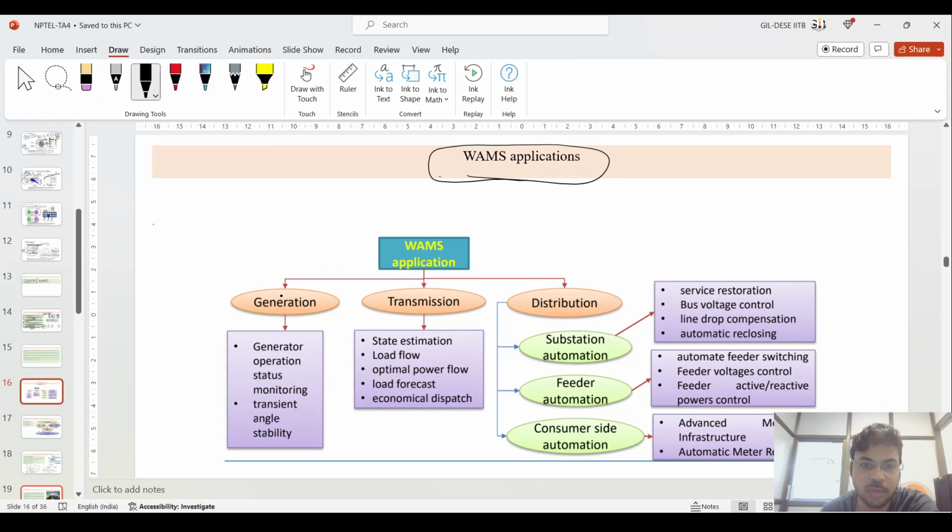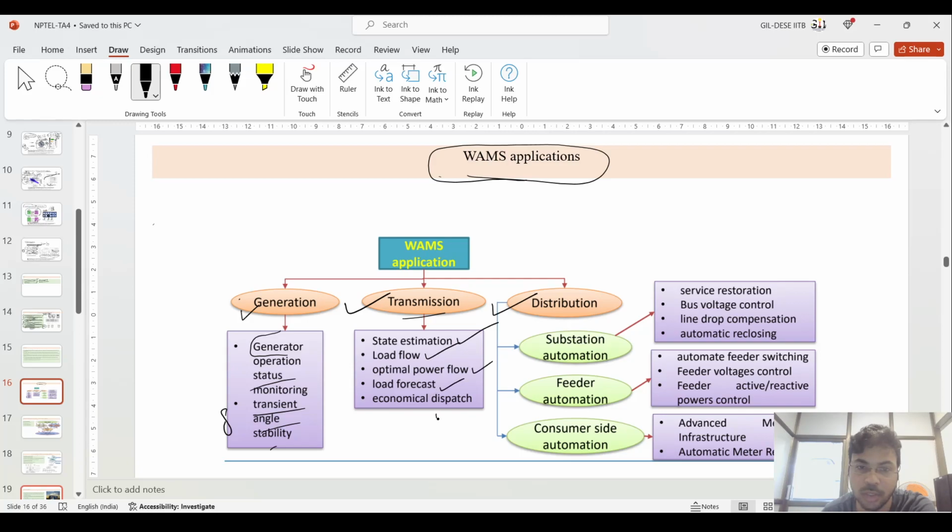Okay. Coming to the WAMS applications, you have seen from the question itself, WAMS has certain applications in all the steps of the power system, that is generation, transmission, and distribution. From the generation perspective, there is generation operation status monitoring and transient angle monitoring, that is delta.